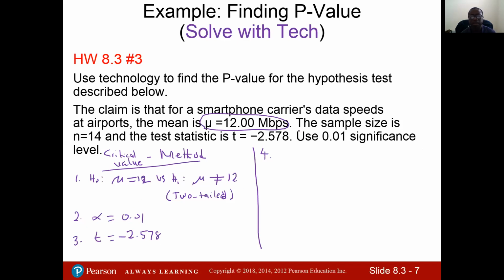These steps are the same. Now this time we calculate the critical values. Alpha is 0.01, so in this case we divide by 2, which is 0.005. So this is what is happening.